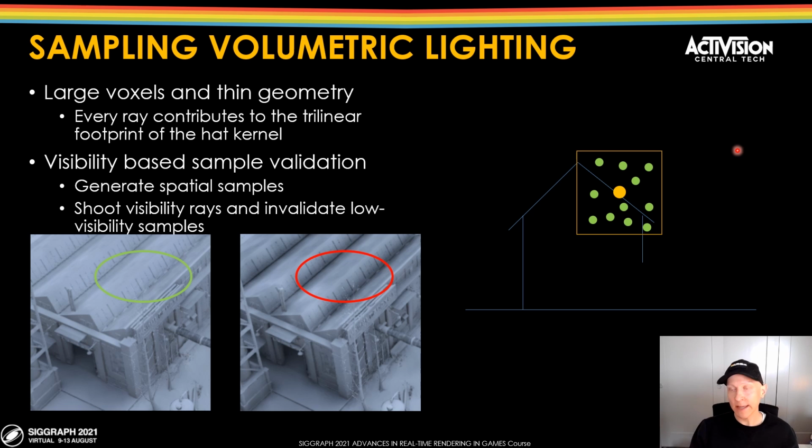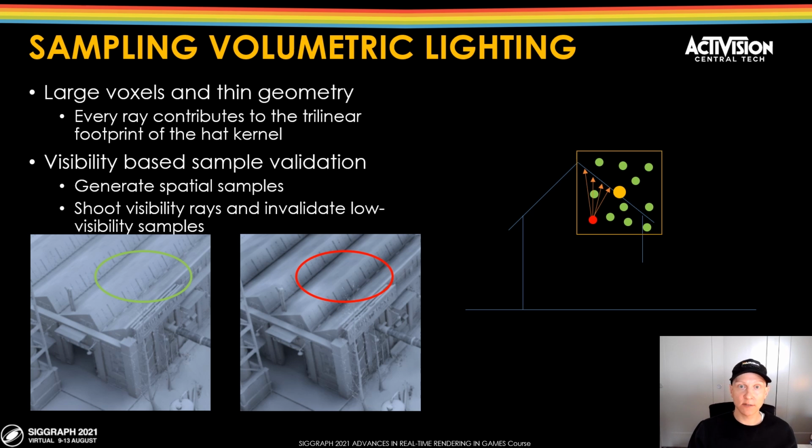What's the probability that the camera location is outdoor versus indoor? That gives us a prior distribution for the camera positions that we can utilize. The idea is that we want to incorporate this prior probabilistic model of the camera locations into the model, and we call this visibility-based sample validation.